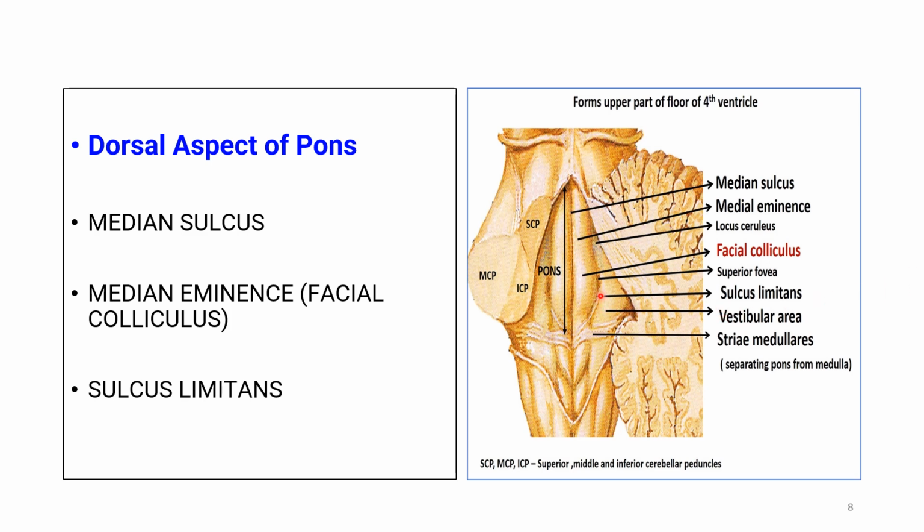This is the sulcus limitans. So median sulcus, median eminence, sulcus limitans. The median eminence consists of the facial colliculus. So this is the dorsal aspect of the pons.